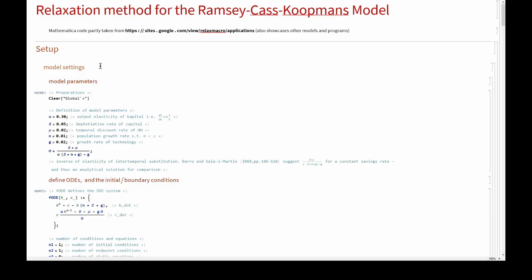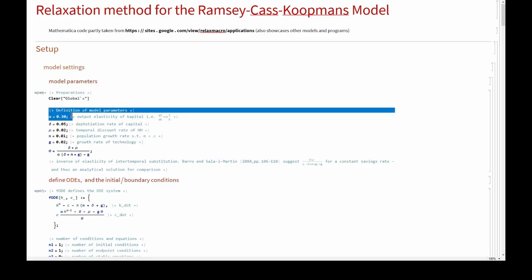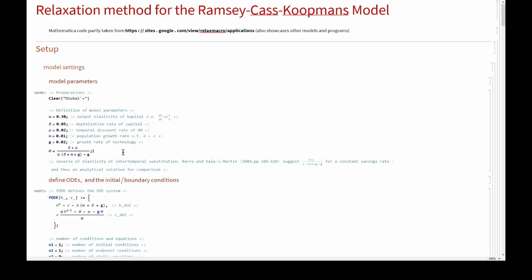So what we start with here is first setting the model parameters, the model settings here. And I try to keep the notation consistent. If you're not too familiar with the Ramsey-Cass-Koopmans model, on this channel there are a couple of good videos explaining it in detail, how to solve it, how to arrive at specific results.